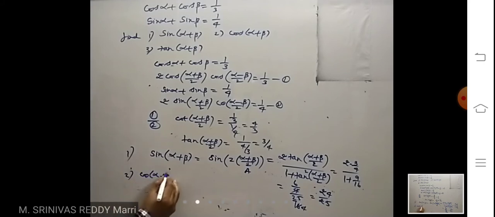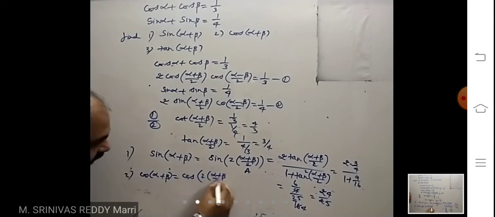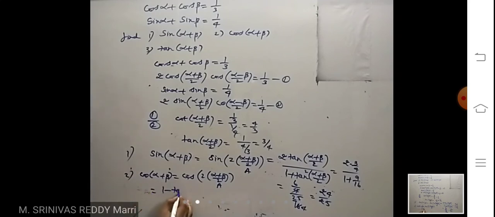Suppose look at alpha plus beta. You can write it as 2 into (alpha plus beta) by 2, because that angle is known. Now I will take it as A. What is the cos 2A formula in terms of tan? It is 1 minus tan square A divided by 1 plus tan square A, where A is (alpha plus beta) by 2.